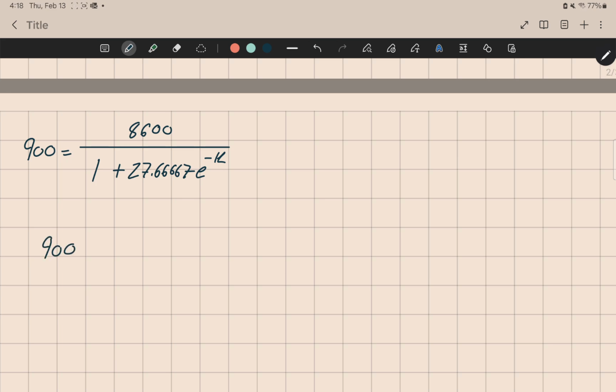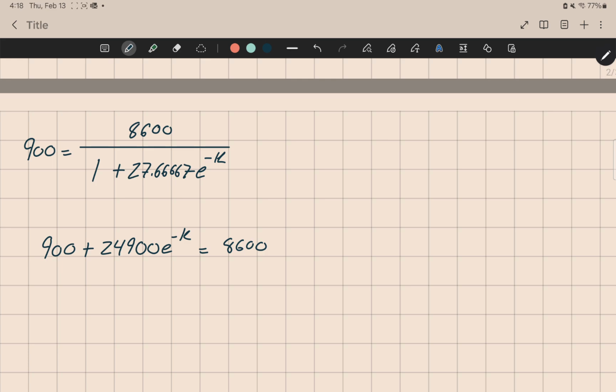And we end up with 900 plus 24,900 e to the negative k equal to 8,600.